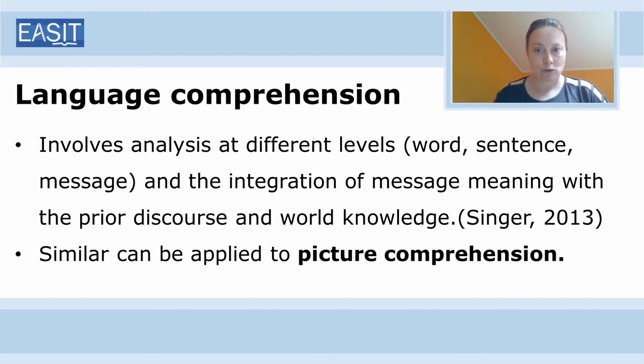We mentioned language comprehension, which involves analysis at different levels, such as word, sentence, or message analysis, and the integration of message meaning with the prior discourse and world knowledge, as described by Singer in 2013. Similar can be applied to picture comprehension.